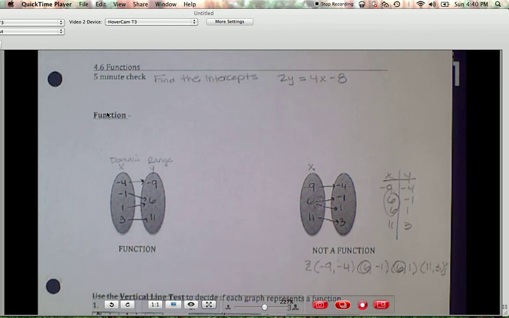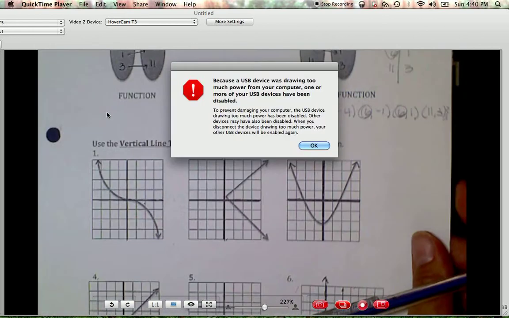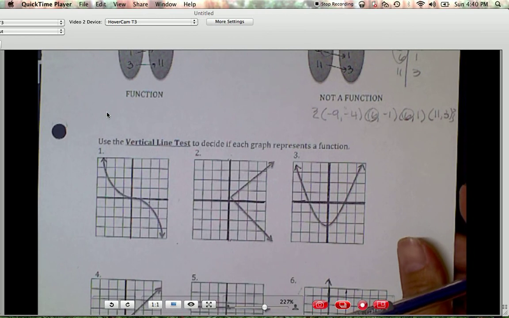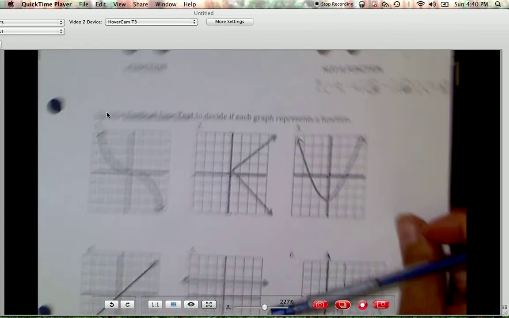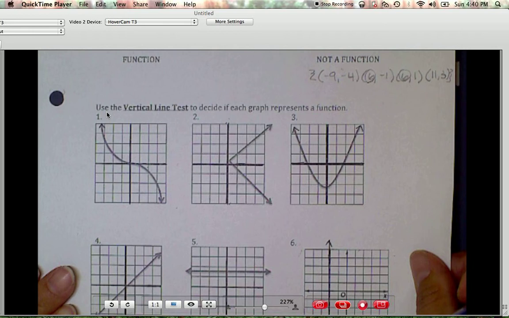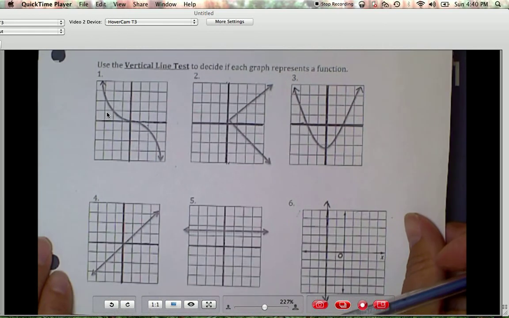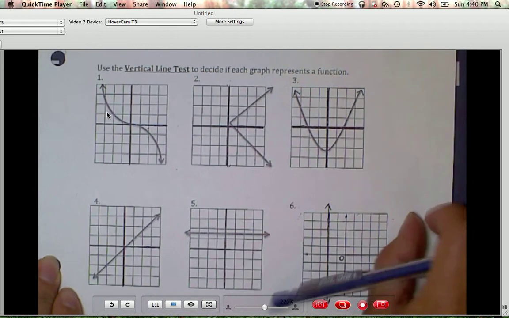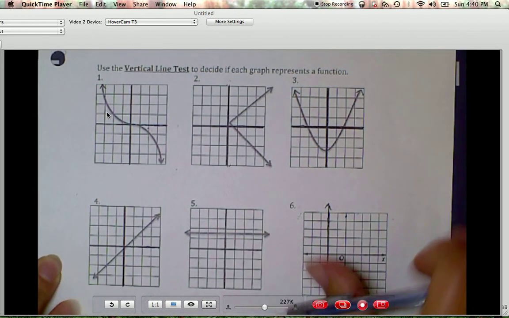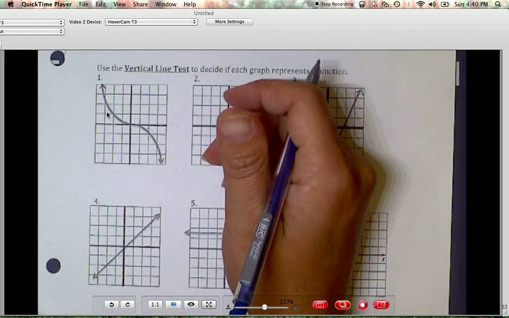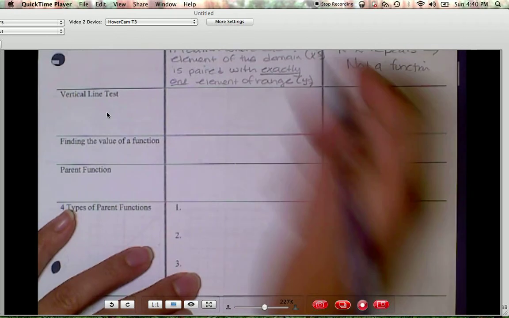Okay. Another way you can tell if something is a function or not is to use what's called a vertical line test. So if you can draw a vertical line through it and it doesn't cross the relation in more than one place, then it would be a function. So we can go ahead and write that here so you understand.